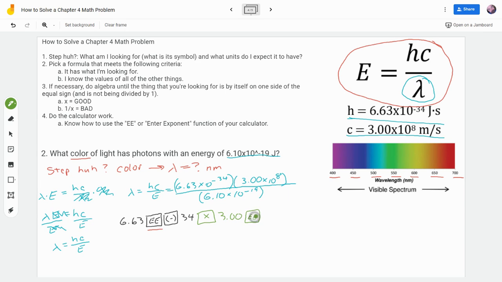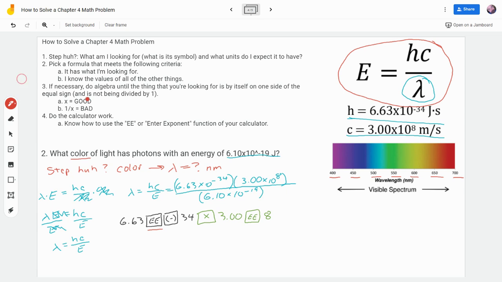So the point of the EE button is it's easier to do scientific notation that way. And your calculator will do the order of operations in a more logical way if you do it that way. So just trust me, that's the better way to do it. All right, so if I do all this, that would give me the numerator of this, and I want to divide that by 6.10 times 10 to the minus 19th.